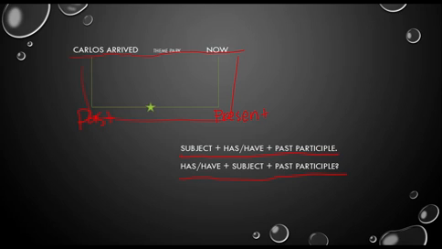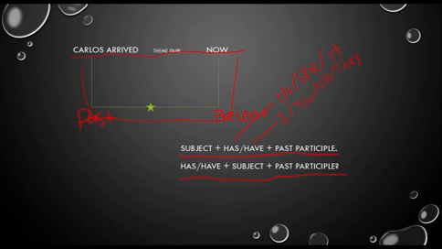Has is for he, she, and it. Remember that those pronouns are special. And have is for the rest: I, you, we, and they.